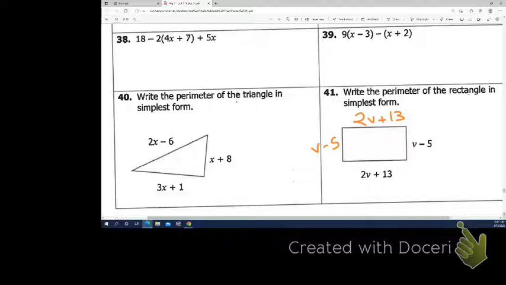And then I got 2 13s and 2 negative 5s. Or if you're doing number 40, you can just go through and combine your x's. If you want to write an equation first, you can, but it's certainly understandable or not a big jump for you to do it without writing it down.